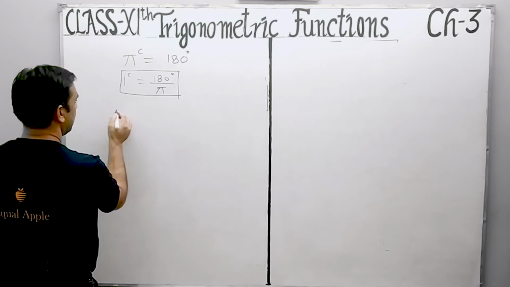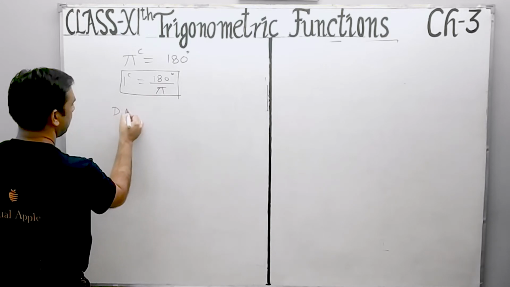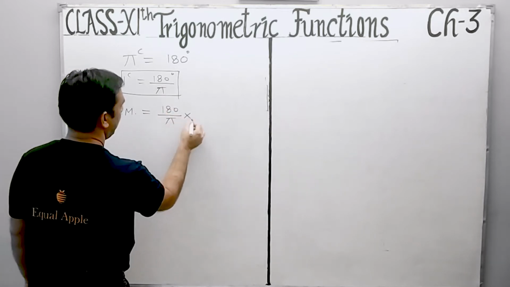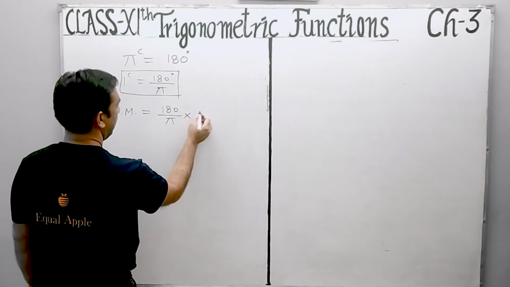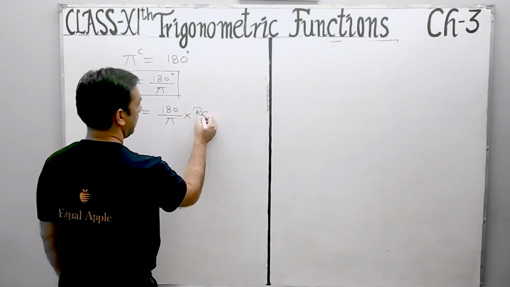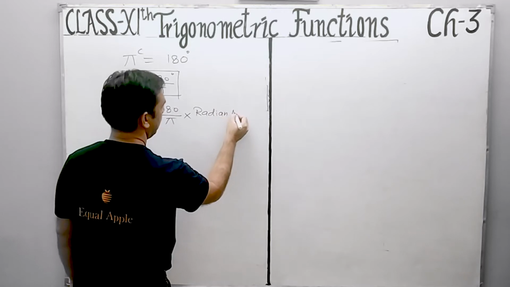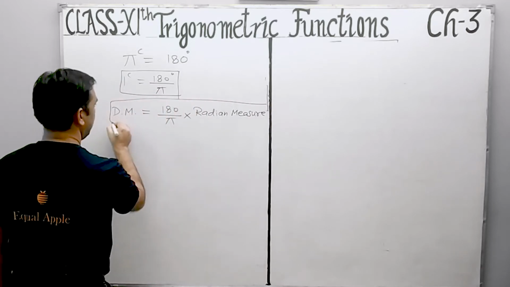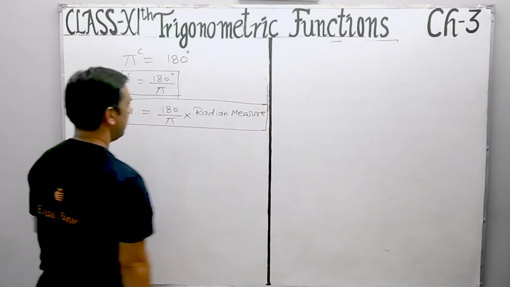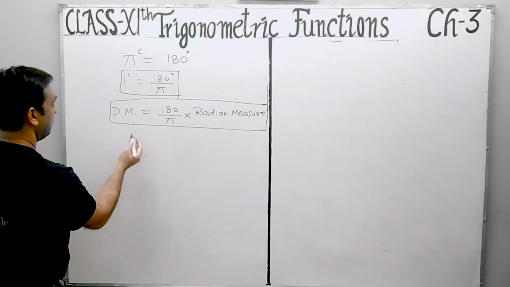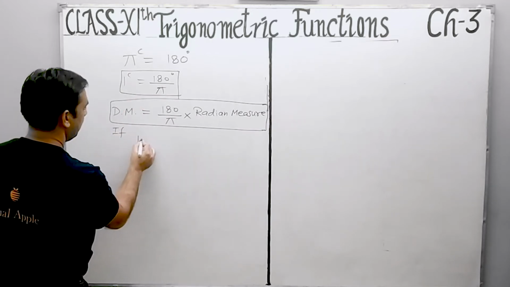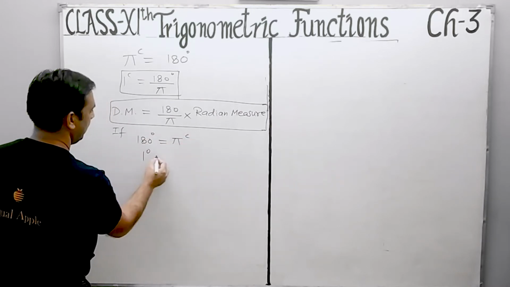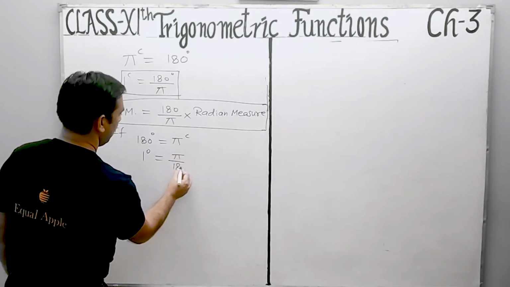So by this you can write the formula of degree measure. Degree measure is 180 upon pi into radian measure, right? By this formula you can convert a radian measure into degree measure. Now one more thing, if we take 180 degree equals pi radian, so 1 degree equals pi upon 180 radian.